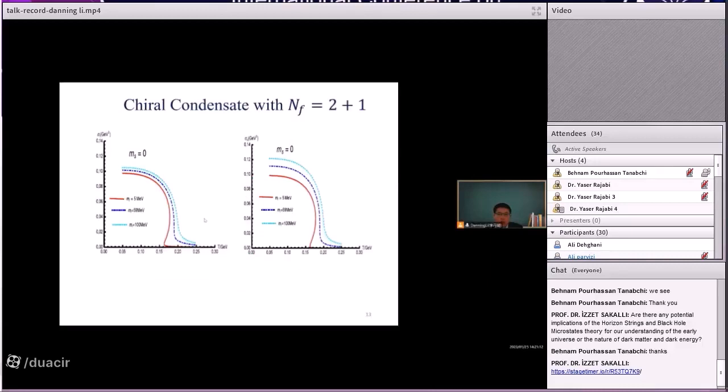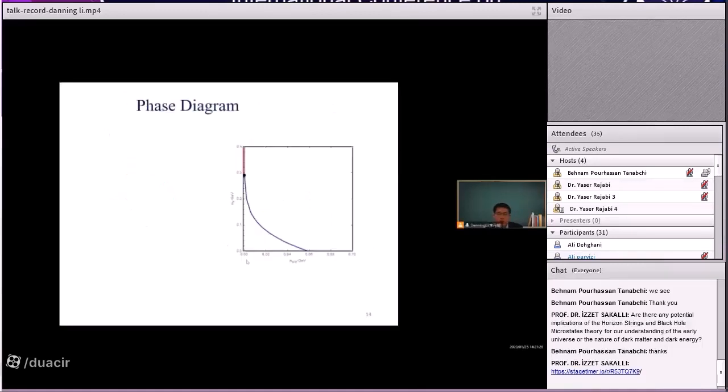And for the 2+1 case, we can also extract the chiral condensate for the light and for the strange sector. From this behavior, we can extract the phase transition order, and finally we reach this kind of behavior.